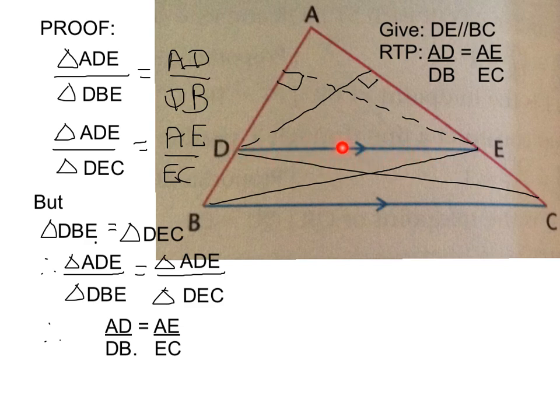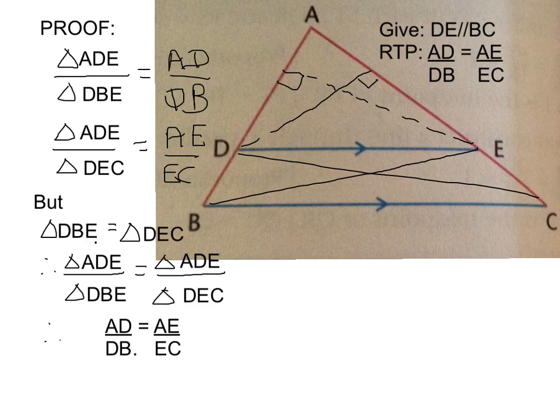So they've got the base DE and the same height because they're between the parallels, which means that the area of triangle DBE must equal the area of triangle DEC. So that's what we're saying over here. DBE equals DEC. My reason there would be equal base and lying between same parallels.